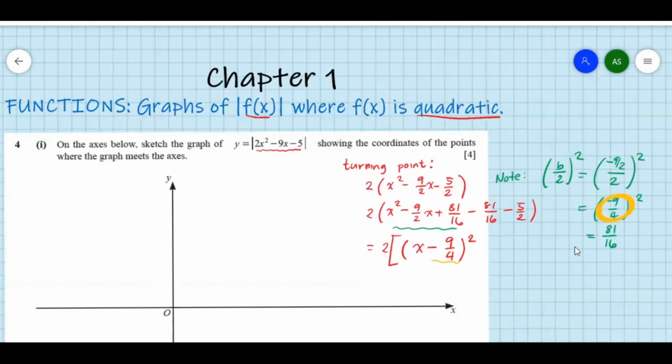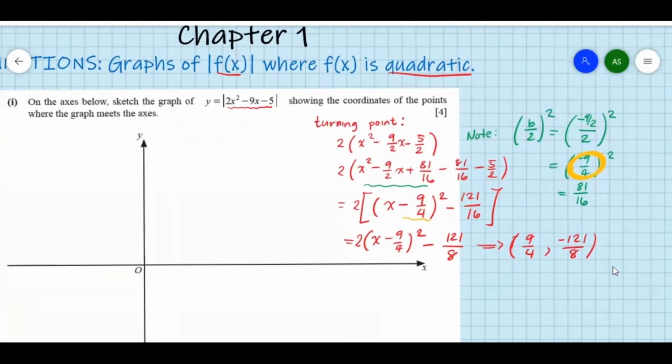And when you simplify negative 81 over 16 minus 5 over 2, that will give us negative 121 over 16. In other words, your final answer will be 2 bracket x minus 9 over 4 squared minus 121 over 8. So therefore, your turning point is 9 over 4, negative 121 over 8.